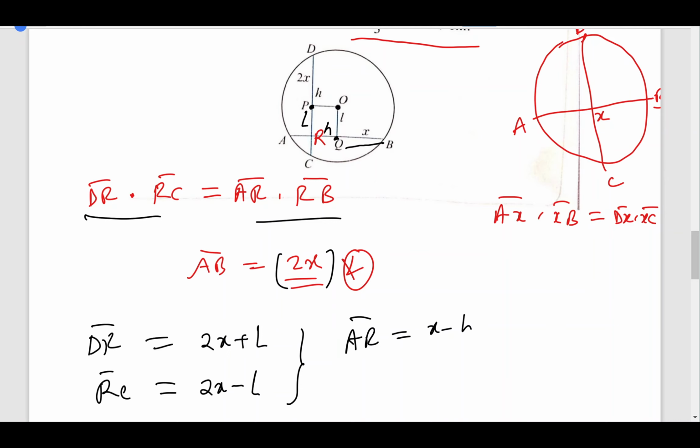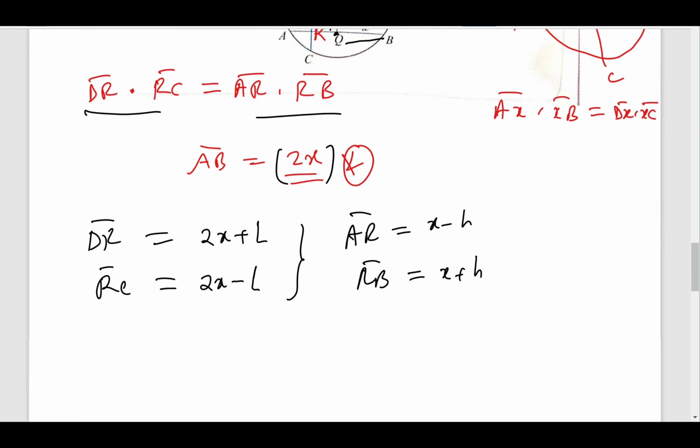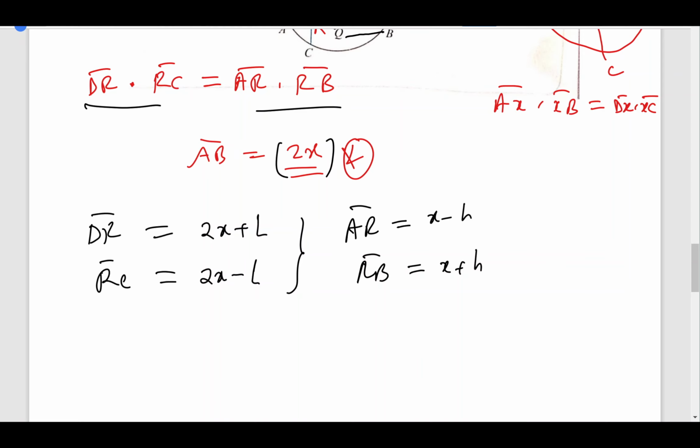So AQ is going to be XC, and here we have H, so it means now AR is going to be XC minus H. What about RB? RB is going to be XC plus H. So now we are going to go back, substituting these values to this equation here.